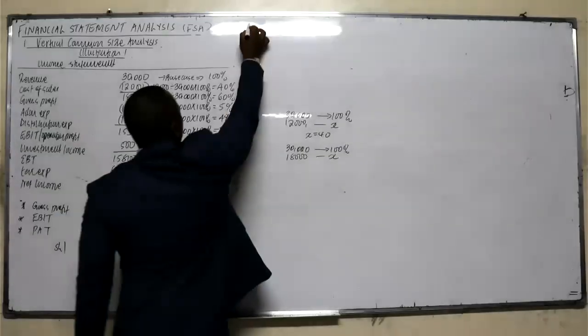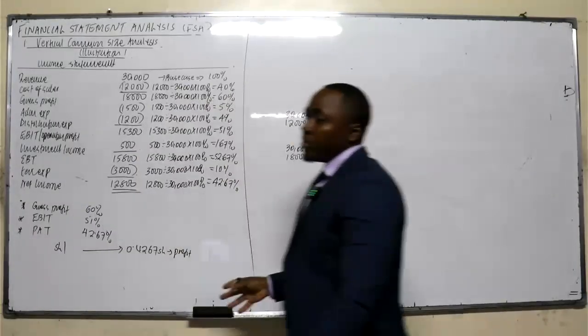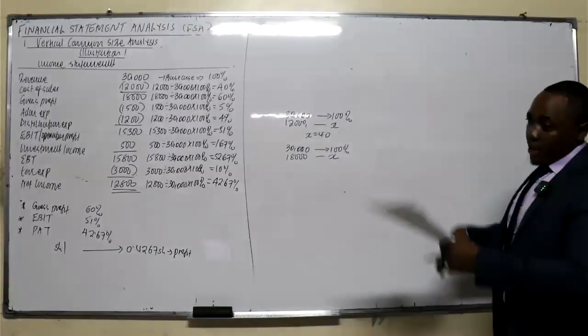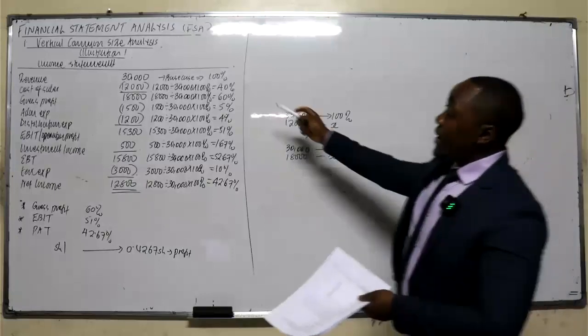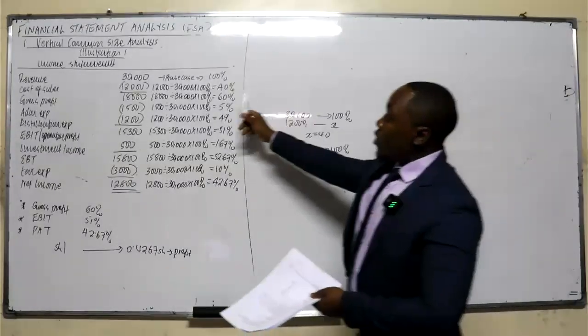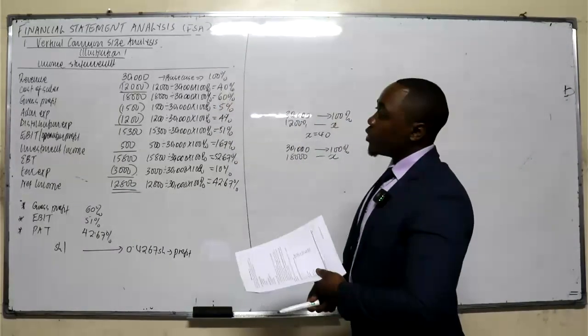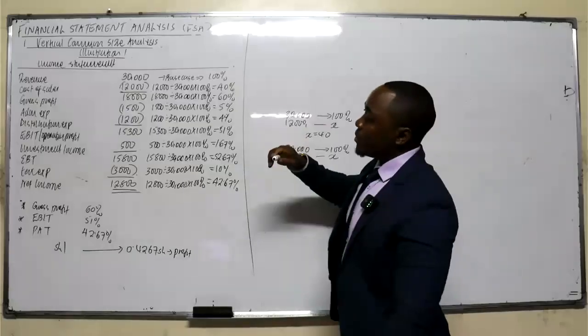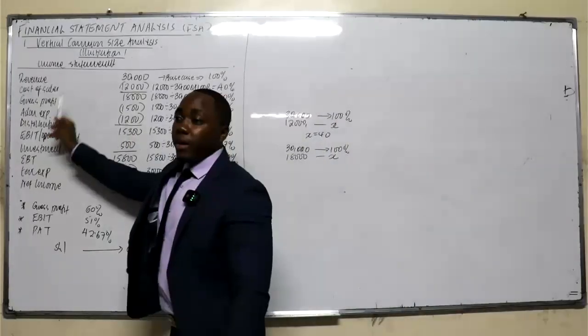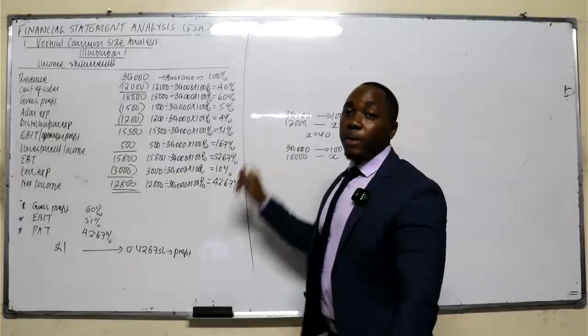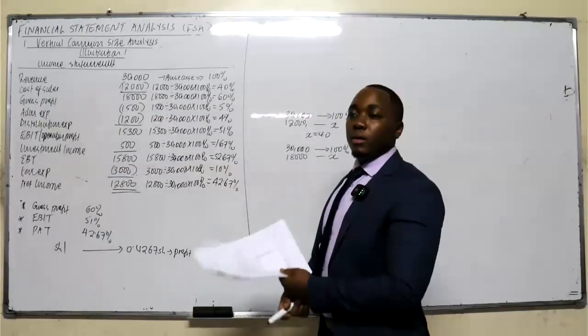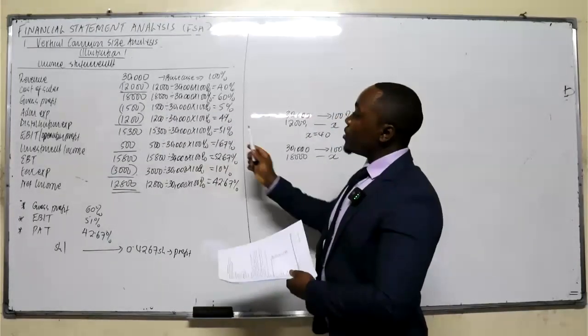Mostly this will be applicable by the external stakeholders as well as the management, but to the management it is very important. Cost of sale is 40%, so that one will give us the gross profit margin. The admin expense during the year is attributed to 5% of the sales we make. What about distribution?